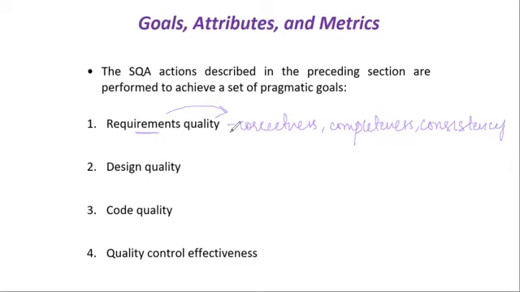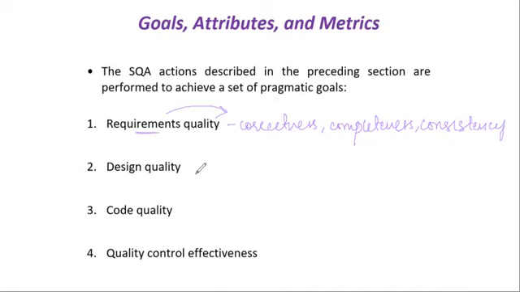The next one is the design quality. Design quality here means that for whatever design you're developing, every element within the design model should be assessed so that it is of high quality. Whatever you're developing, it should be of the highest quality.